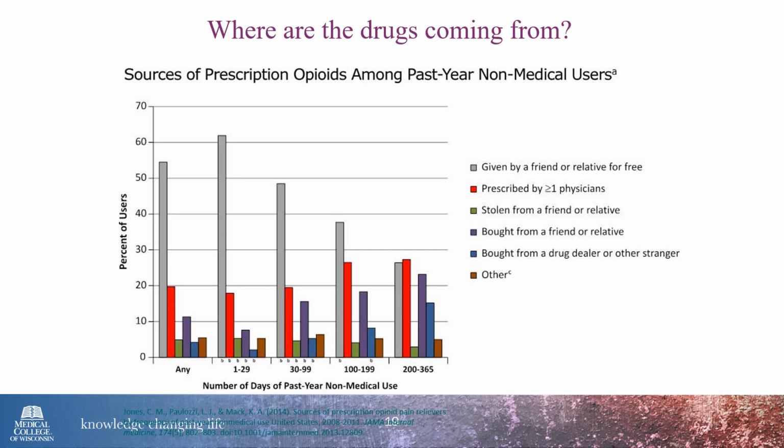But what we see over time is that if you look longer, over the course of a year, for those that continue to use non-prescribed opioids, the source of those drugs starts to become being prescribed by more than one physician as the second most likely source. The third most likely source is being bought from a friend or a relative, and then being bought from a drug dealer starts to go up when it gets past a year.